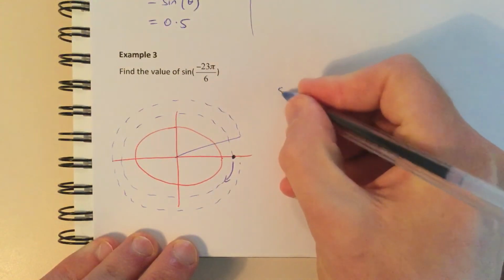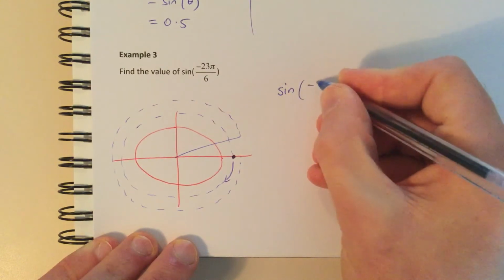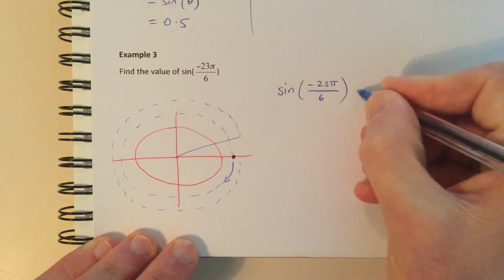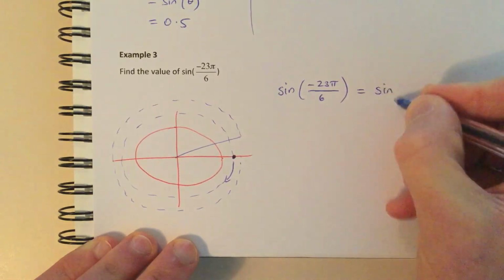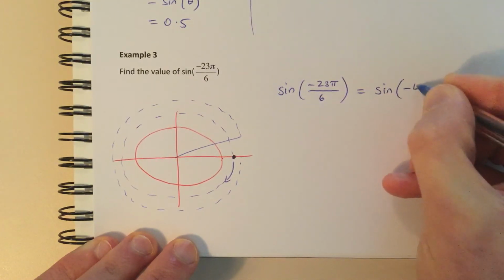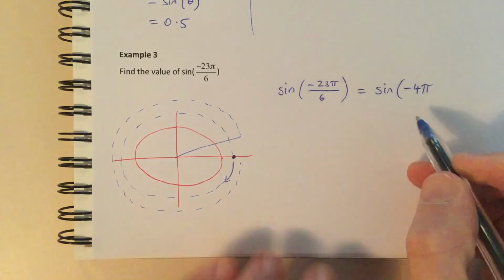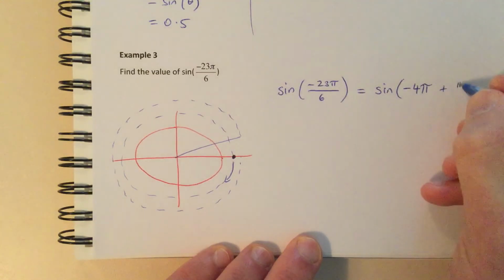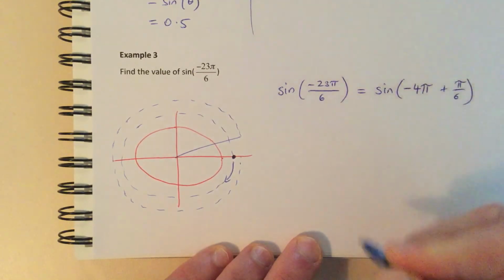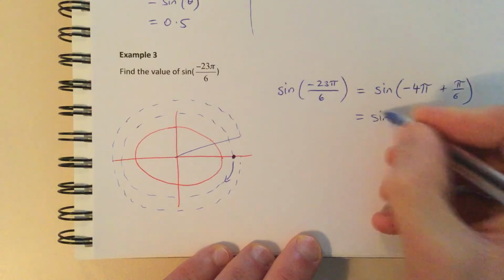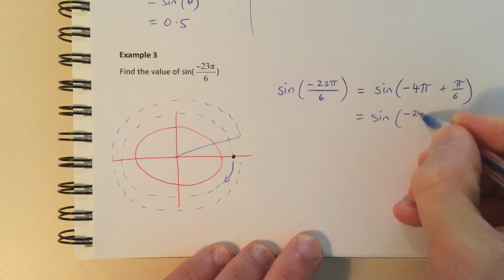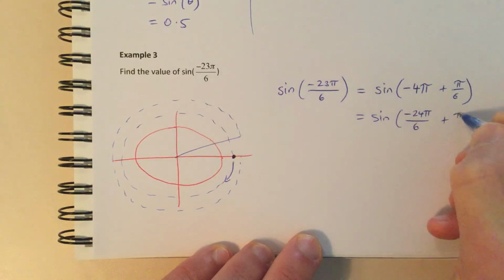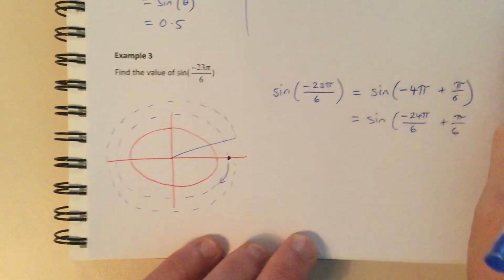Or another way of thinking of it, sine of negative 23 pi over 6. It's like going two laps backwards, but then just adding pi on 6. And if you really want to make that clear, you could even write this as negative 24 pi over 6 plus pi over 6. Oh, sorry, that's gone off the screen there.